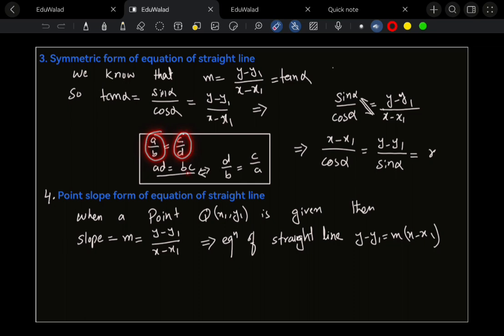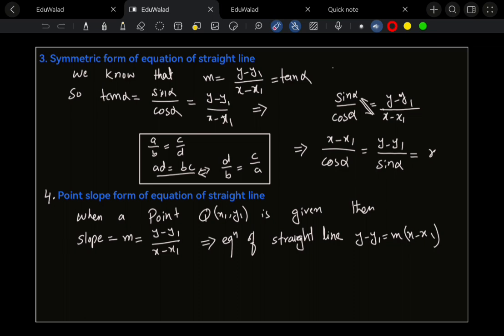This is cross multiplication, and both the answers are the same. So that's why we can write it as x minus x1 over cos alpha equals y minus y1 over sine alpha, which is equal to some number r, that can be any number like 0, 1, 2. So this is the symmetric form of equation of straight line.